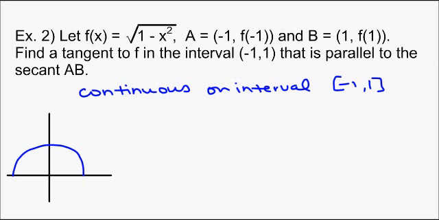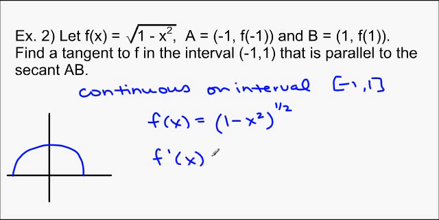Since we are looking to find a tangent to f, let's go ahead and differentiate. So f of x equals 1 minus x squared all to the 1/2. F prime of x will be 1/2 times 1 minus x squared to the -1/2 times -2x.